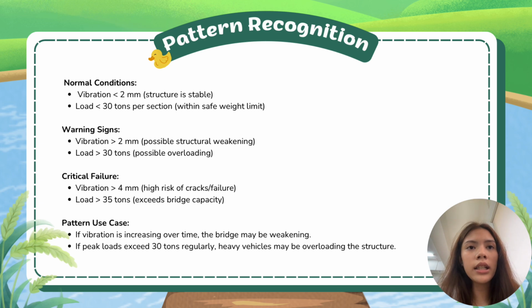And last is the critical failure conditions. The vibration is more than 4 millimeters, a high risk of cracks, and the load is more than 35 tons. Pattern use case: if the vibration increases over time, the bridge may be weakening, and if peak loads exceed 30 tons regularly, heavy vehicles may be overloading the structure.